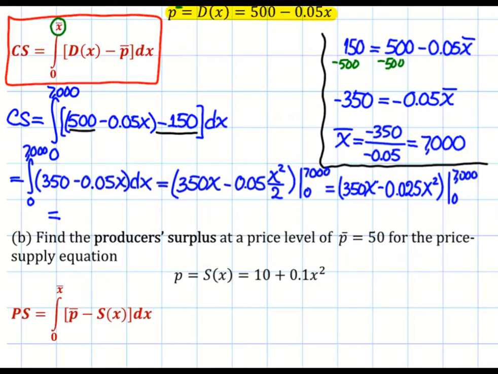So we have 350 times 7,000 minus 0.025 times 7,000 squared. That's where we put in 7,000, and then we put in 0.